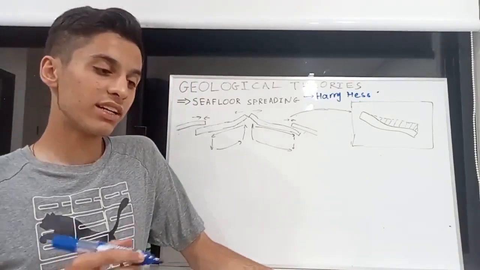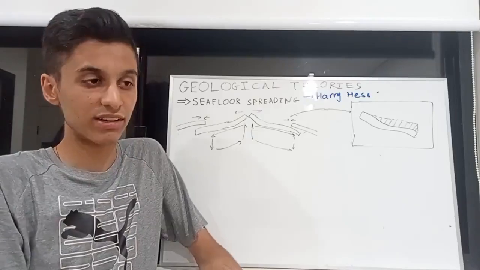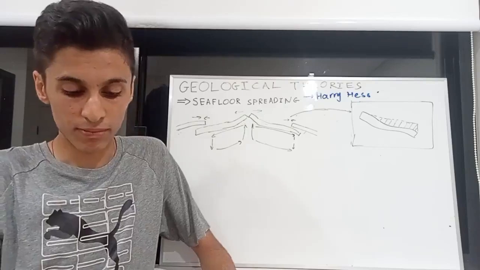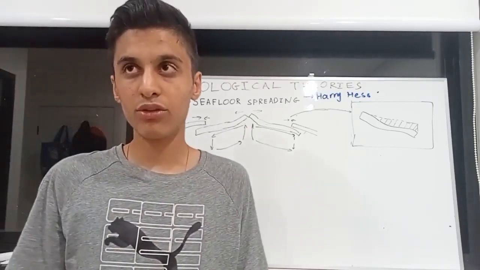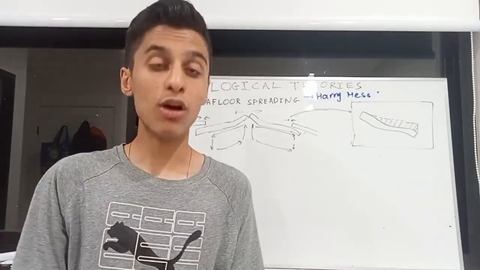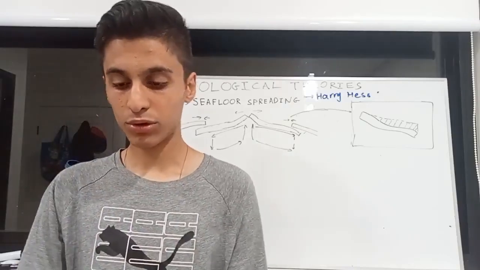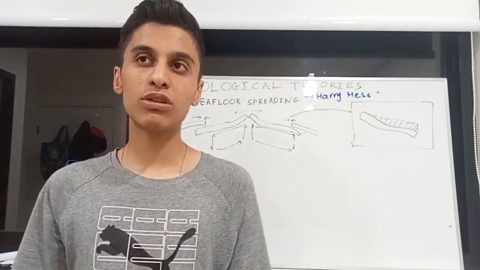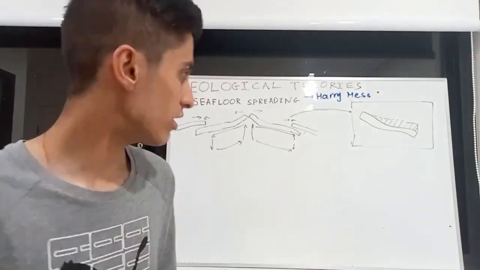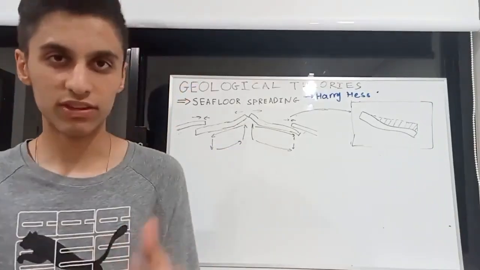Basically, he took the idea of convection current theory and matched it up with evidence that he found when they were mapping the ocean floor during World War II, which suggested that new ocean floor was being created at the middle of the oceans.